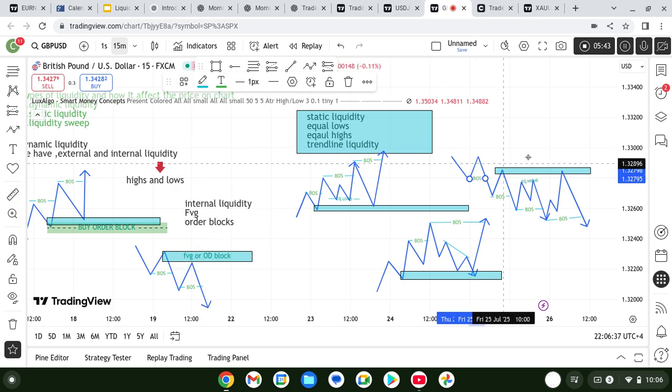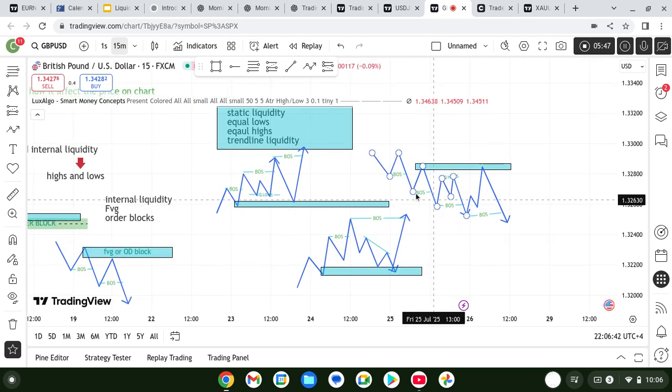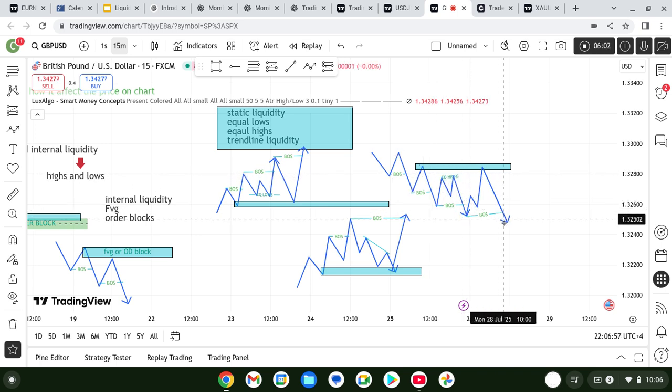The market was making lower lows and higher lows, and here it made equal lows. It means in the future this one will become our liquidity for it to continue downside.